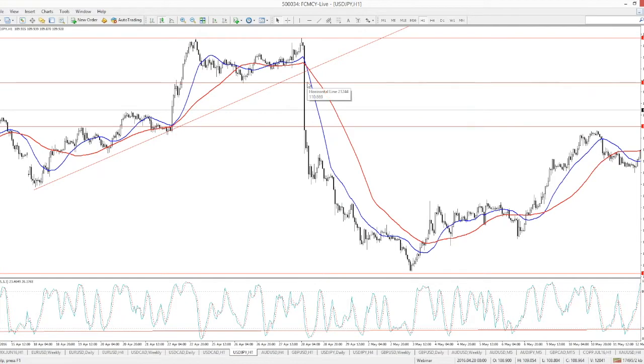In most cases we have a weakening at the start of the decline, and then we see a support break. If that does not happen, then we don't have any double top reversal in our chart. So we need to wait for this break to get a completed double top reversal.